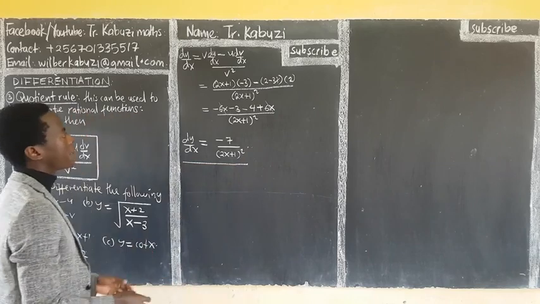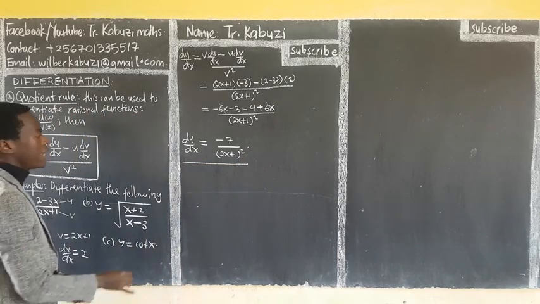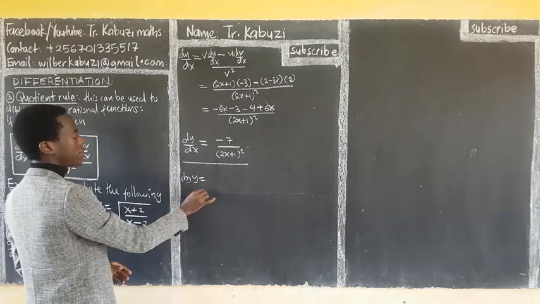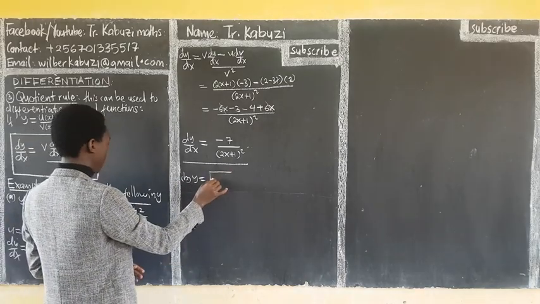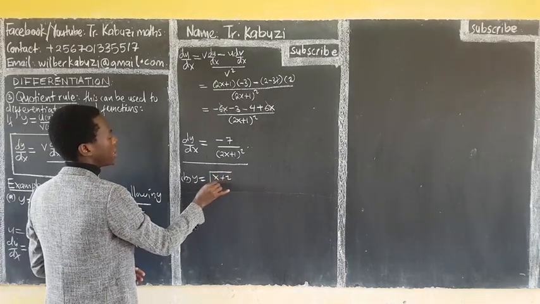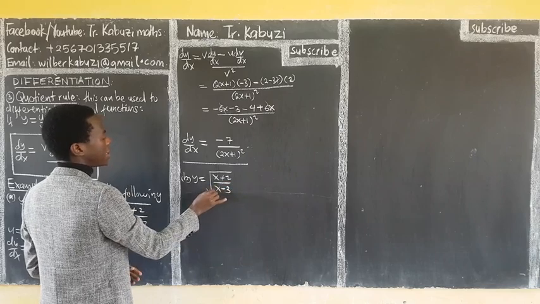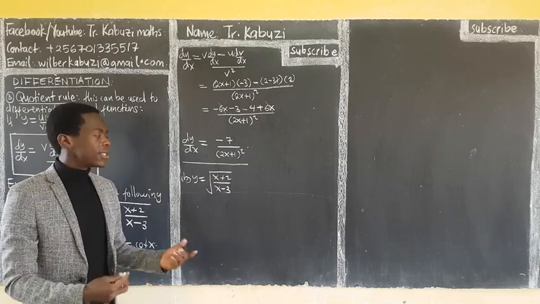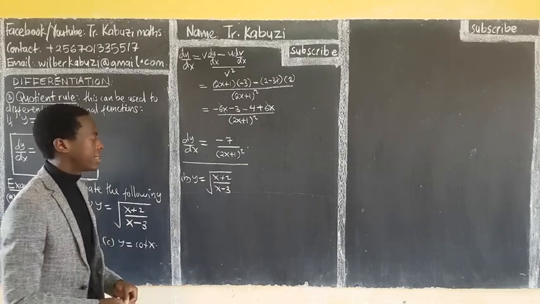Now when I come to part B, my y is equal to the root of x plus 2 over x minus 3, all under one root. Here what we do is first separate this root.